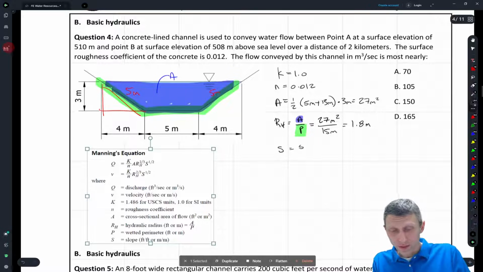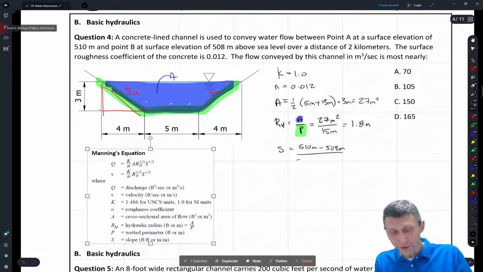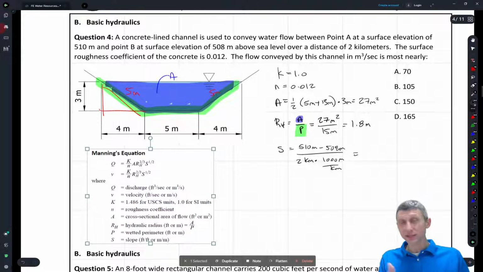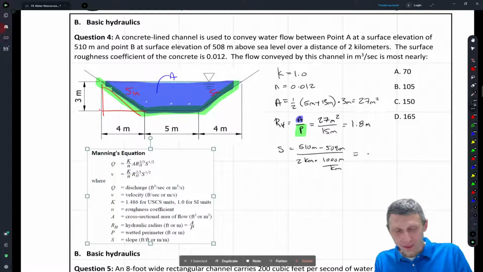So that's 510 meters minus 508 meters, over a distance of 2 kilometers. So 2 kilometers times 1,000 meters per kilometer. What we essentially get is 2 divided by 2,000. If you're not super confident with your decimal division here, that's okay. You can put this into your calculator, and there's no shame here. I get 0.001 meters per meter.